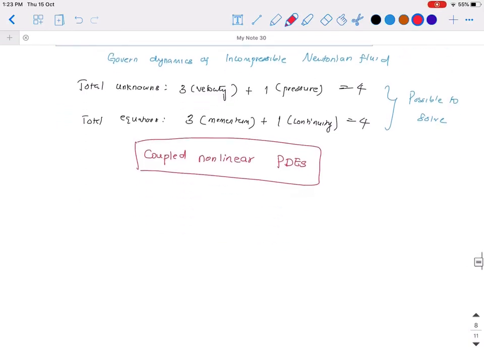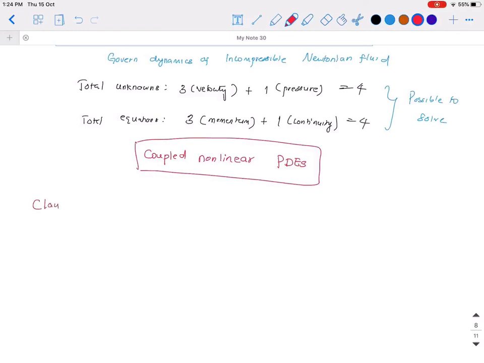So the exact solutions to these equations are not derived yet, except for very simple geometries with a number of simplifying assumptions. In fact, many researchers have spent their lifetime trying to derive solutions for this, but we are still unsuccessful.